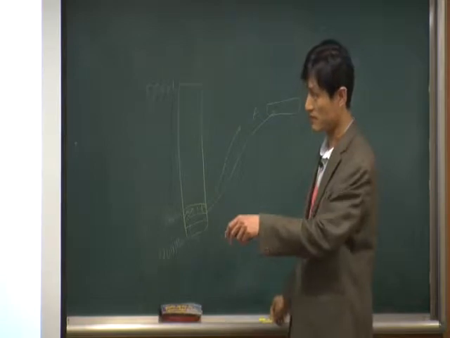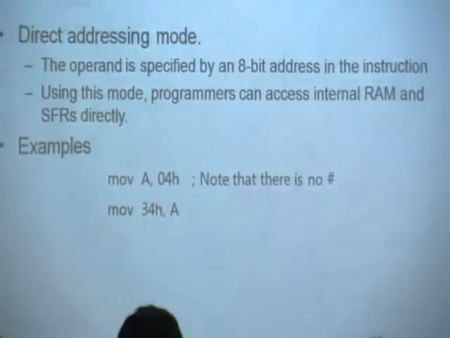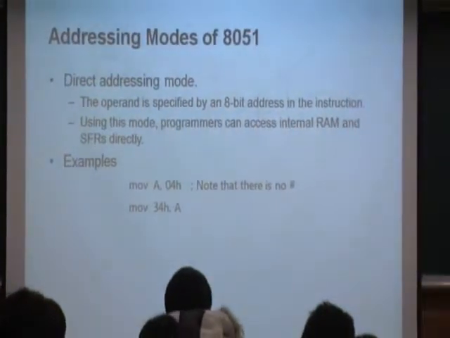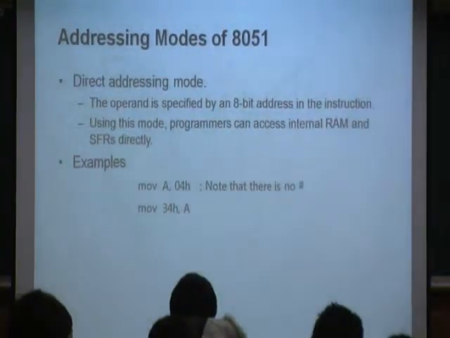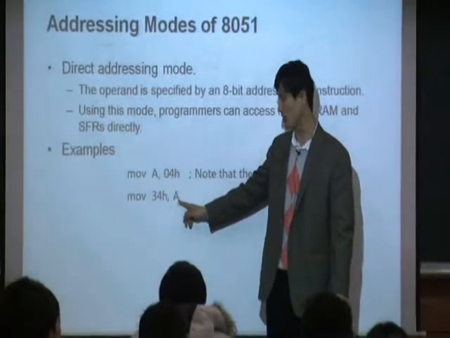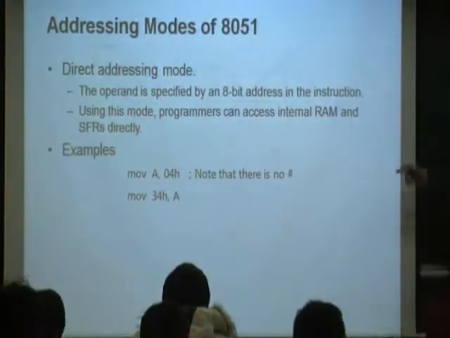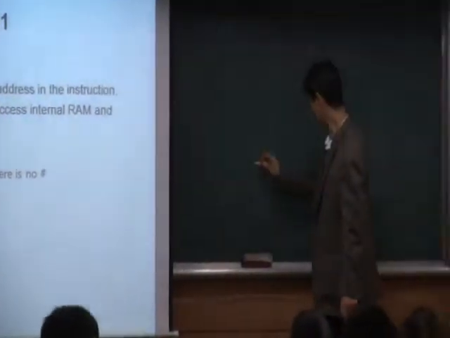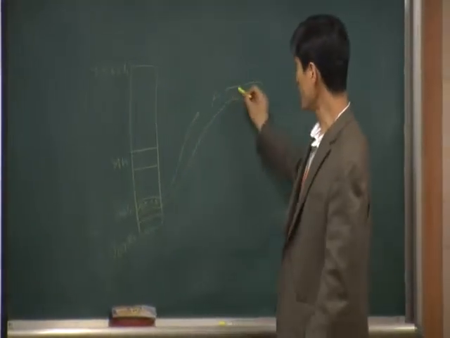That's what this is. And what does the second one mean? If you execute the second one, the value in A is going to be copied into the 34H memory, the 34H address. So we have 34H somewhere here.